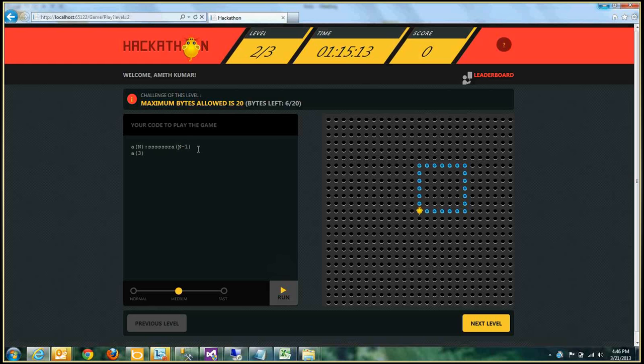And one more thing about this hackathon is that you don't only have to send numeric parameters. You can even send some parameters that are instructions themselves. For example, let us say that I want to do this. I want to pass these instructions as a parameter. I can always do that.